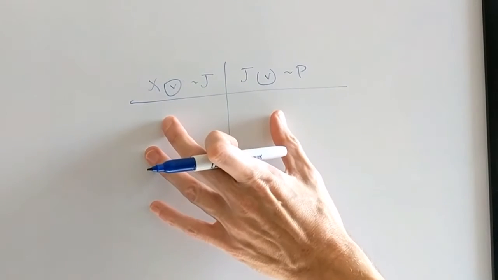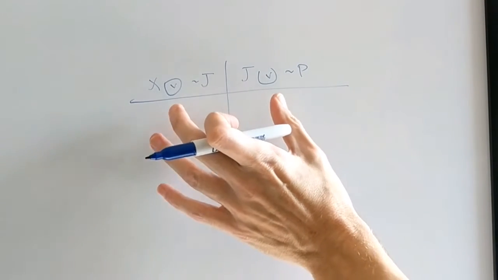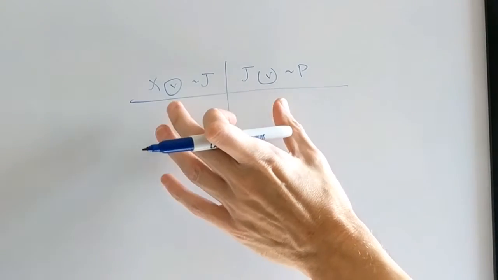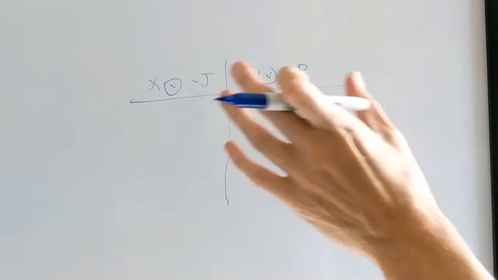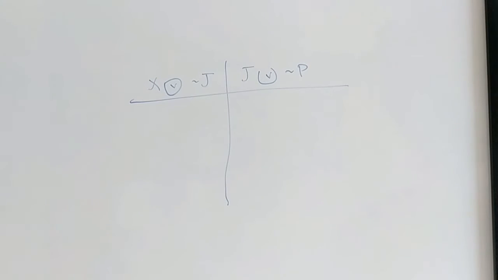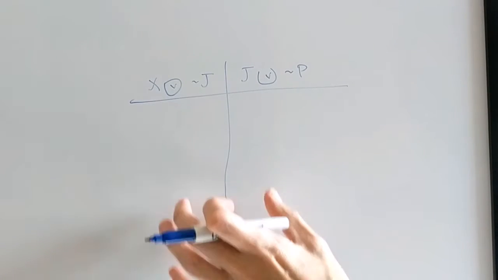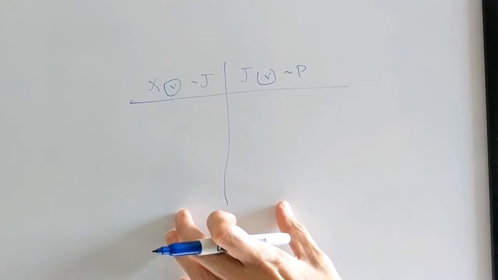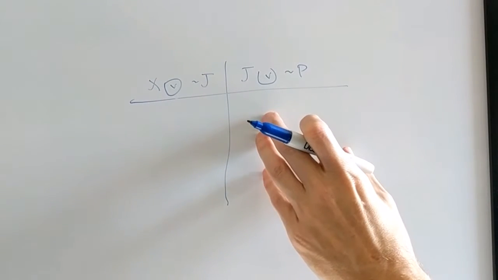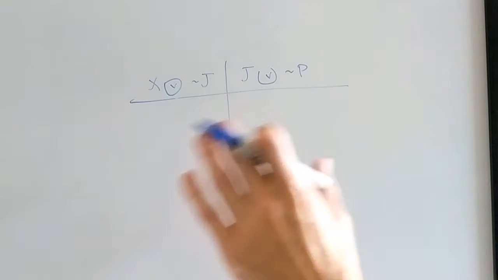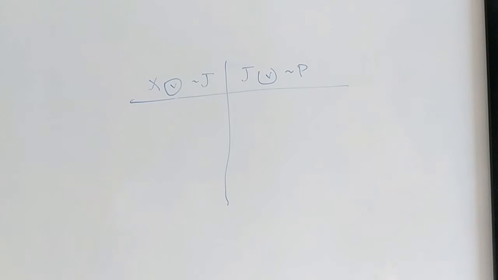But in the case where we don't have a conjunction, for example, here where we have disjunctions, disjunctions can be true three different ways. And so for us to prove this not consistent, if we're looking for inconsistency, we must show an inconsistency on every line. Because remember, for statements to be consistent, there only needs to be one line on the truth table in which all main operators come out true.